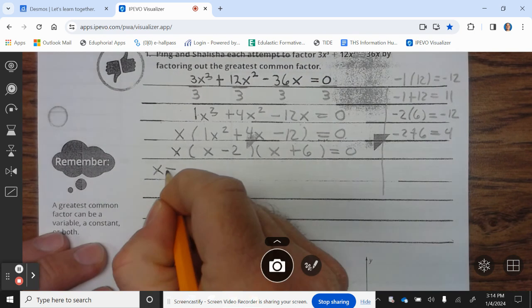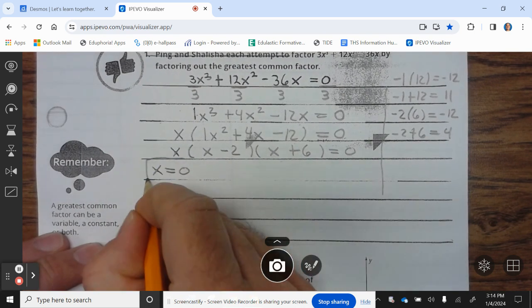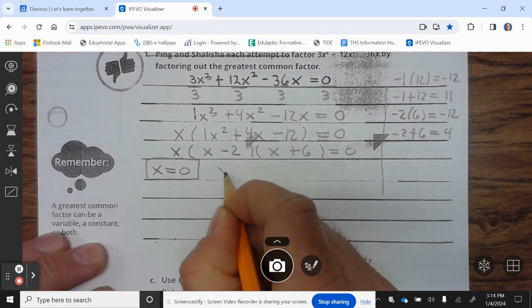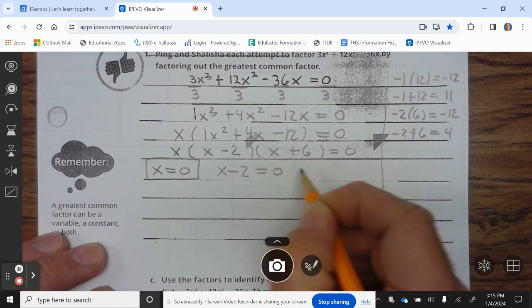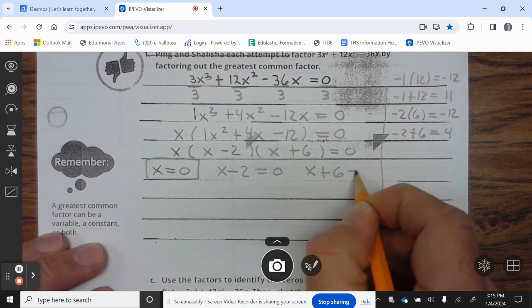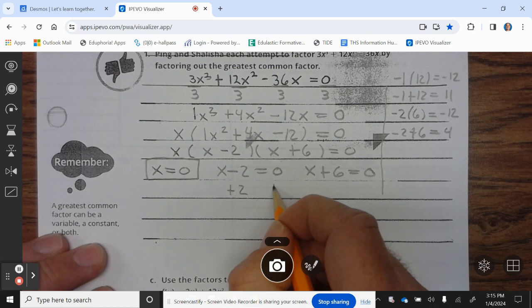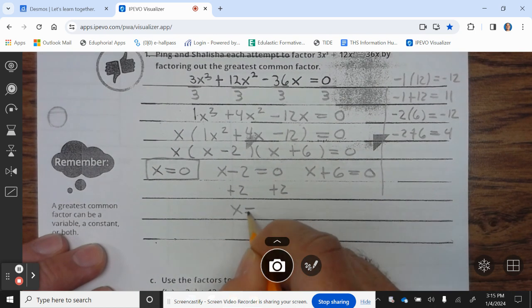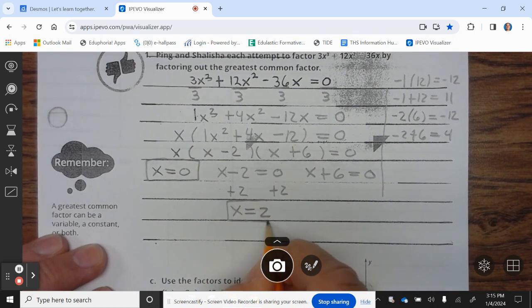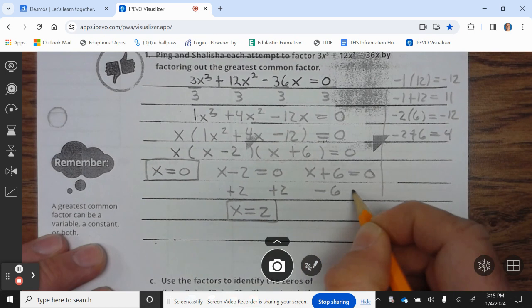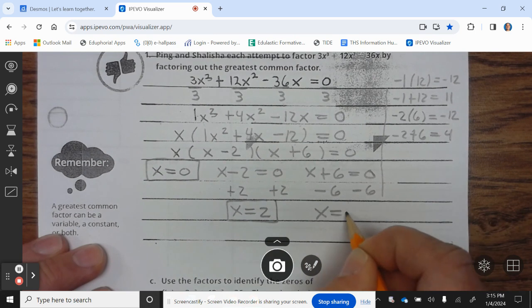So now we set them equal to 0. So x equals 0. X minus 2 equal to 0. X plus 6 equal to 0. Add 2 to both sides. You get x equals 2. Subtract 6 from both sides. You get x equals negative 6.